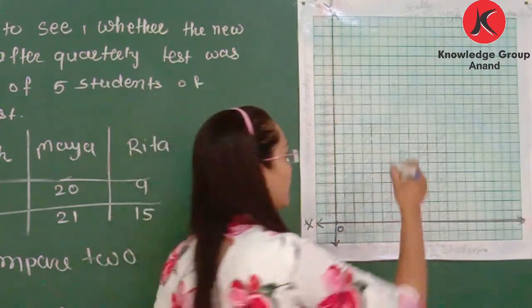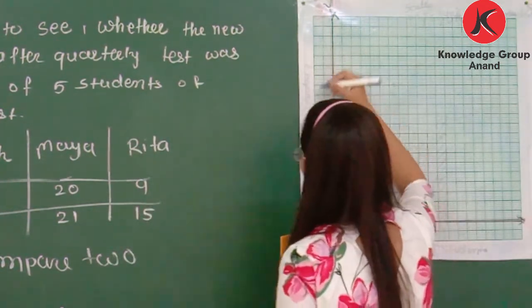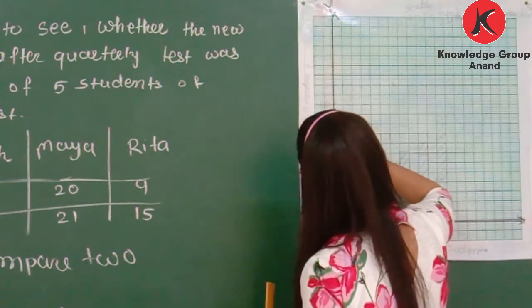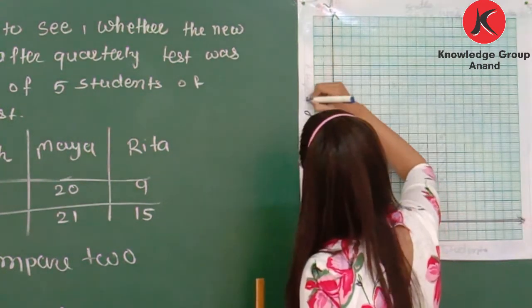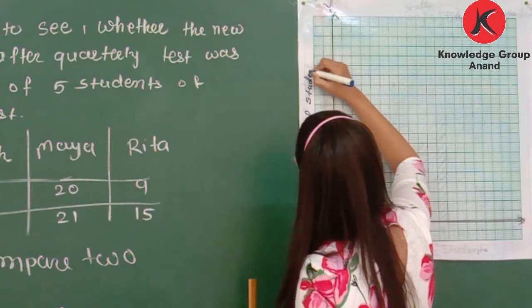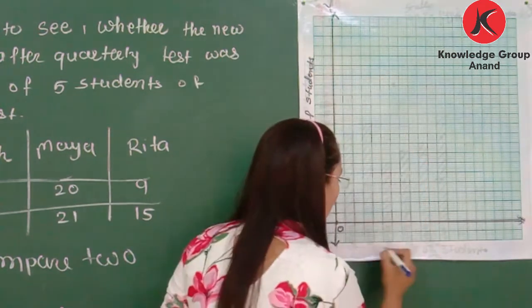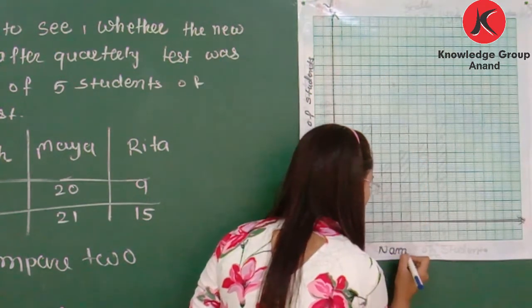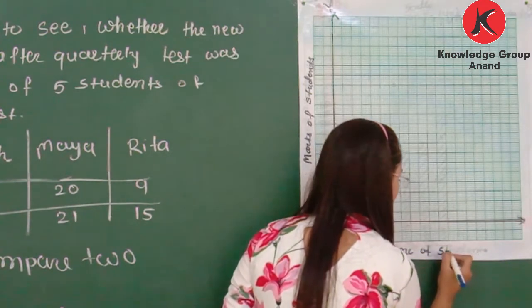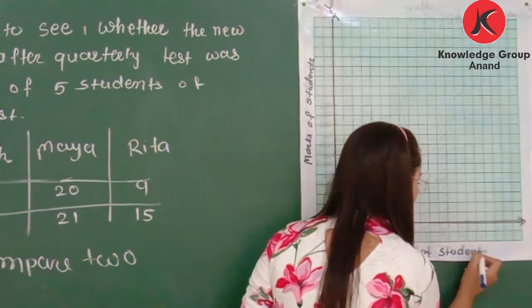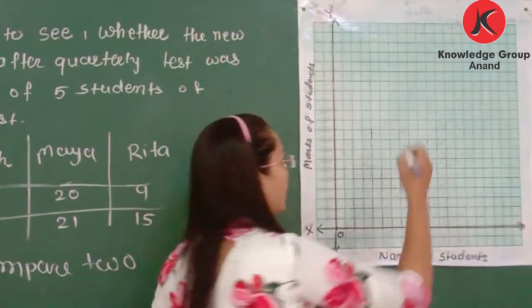We are taking the scale on this vertical line, we are representing marks of students. On the horizontal line, we are writing names of students.